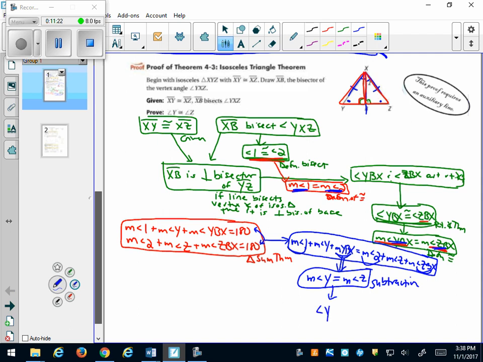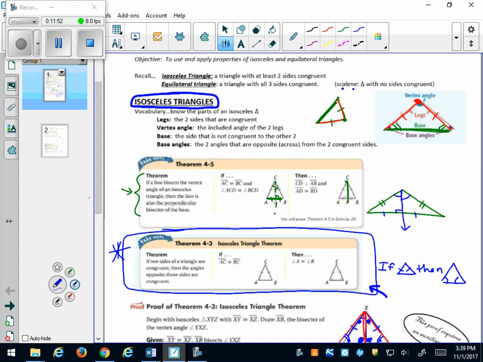Which means they're congruent. Which is what I was trying to prove by definition of congruent. Okay, so basically, in a nutshell, we were able to say, since these two right angles are congruent and 1 is congruent to 2, then Y must be congruent to Z because they all add up to 180, and that's the proof.